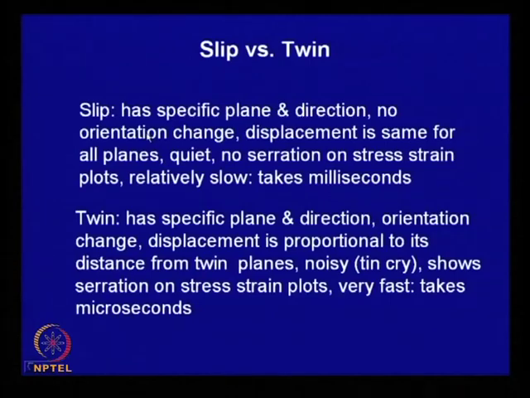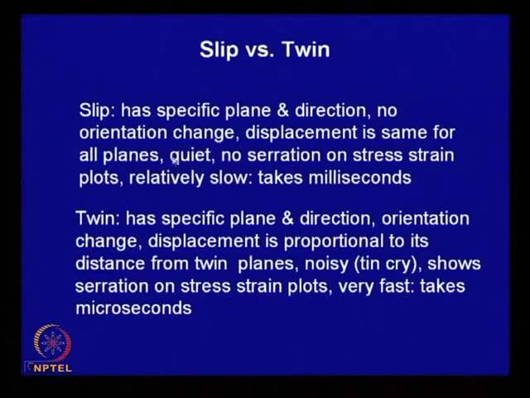The orientation of the crystal on either side of the slip plane is exactly the same, whereas in a twin, the orientation on either side is different, although they are related; one is a mirror image of the other. Then the displacement in a twin is proportional to the distance of a particular plane from the twin plane, whereas in slip the displacement is the same for all planes.